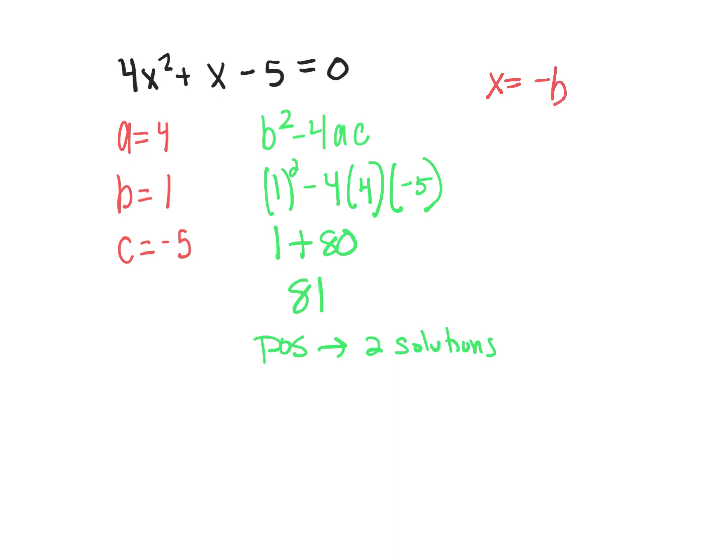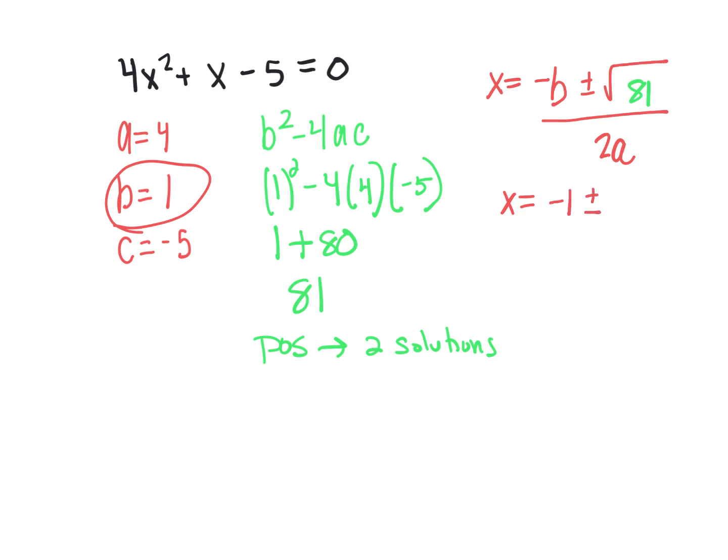So x is equal to the opposite of b, plus or minus the square root of the discriminant, which we already know here is 81, and then divided by 2 times a. So the opposite of b is 1, the opposite is -1. Plus or minus.